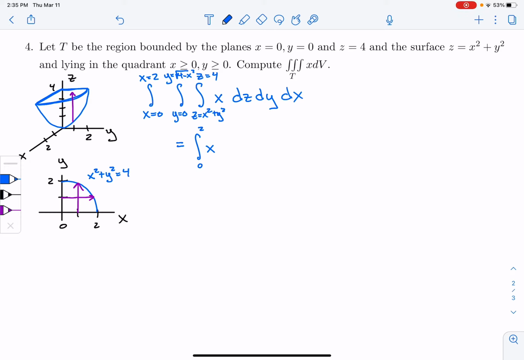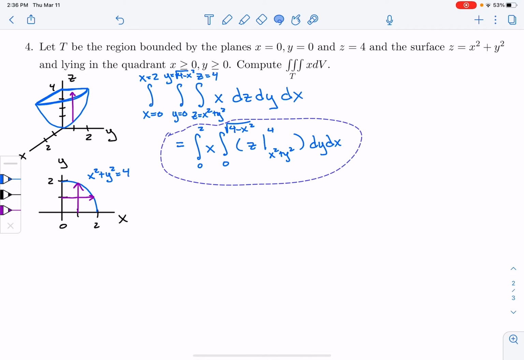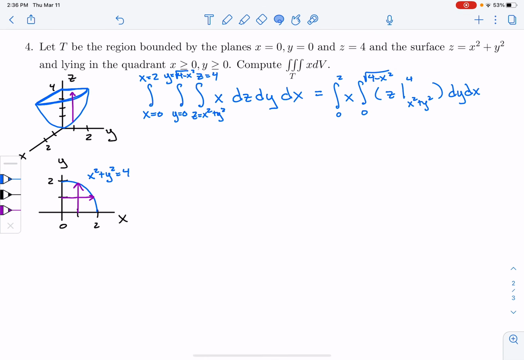And then what I have is the integral from 0 to square root of 4 minus x squared. And that's going to be an integral dy. But then when I integrate dz, I'm going to get just z evaluated between x squared plus y squared and 4. Okay, so that's one way to start attacking this integral.